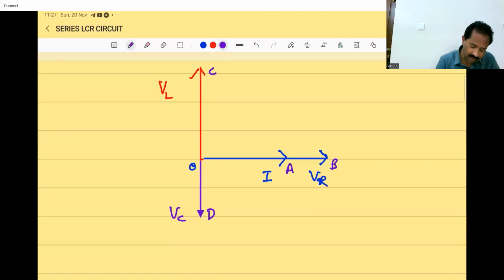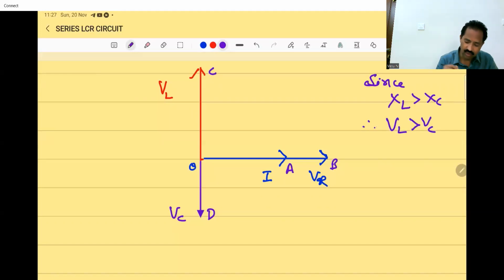Now I have explained everything in the diagram. Now VL is greater than VC because, look, since XL is greater than XC, VL should be greater than VC. Therefore, correct? Vector OC is greater than OD. Therefore, OC is greater than OD, we should write.